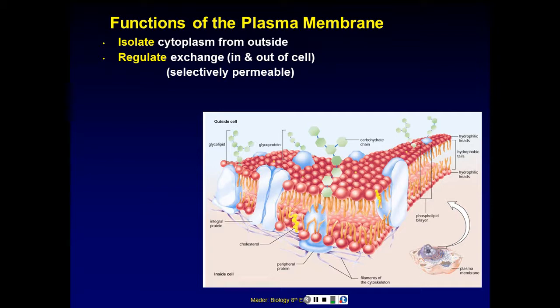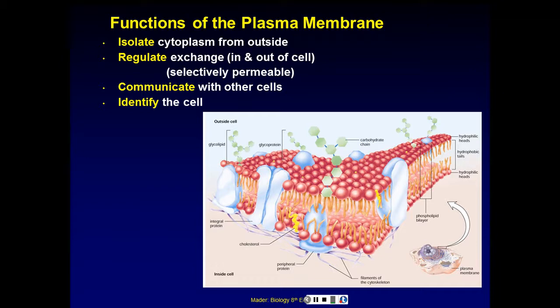A couple of other functions that we've not talked about yet that the membrane actually does is it communicates with other cells. There are structures on the membrane responsible for communicating with cells. In addition to that, it also has structures that identify the cell. And keep in mind, every cell has to be identified on several levels.